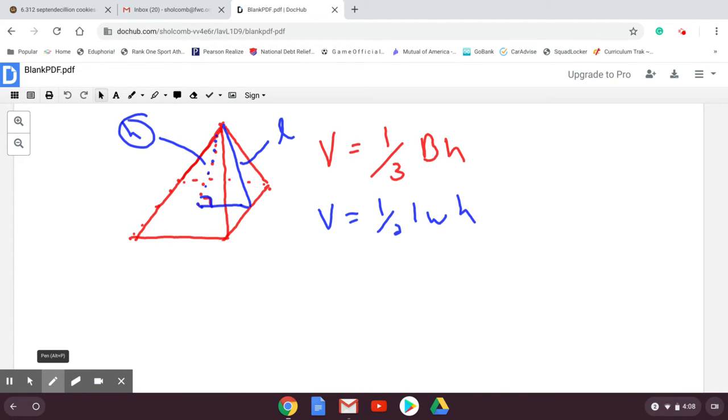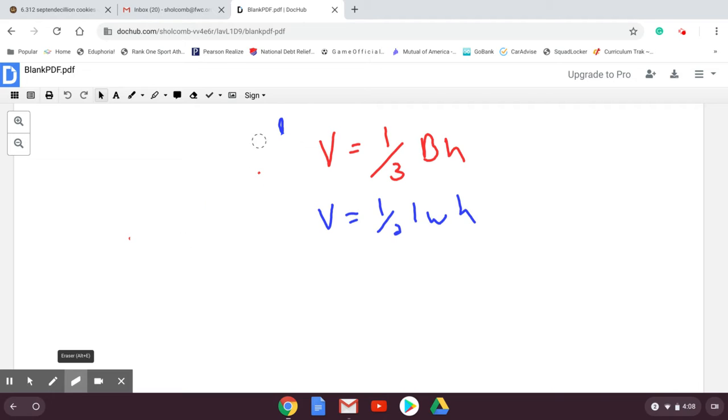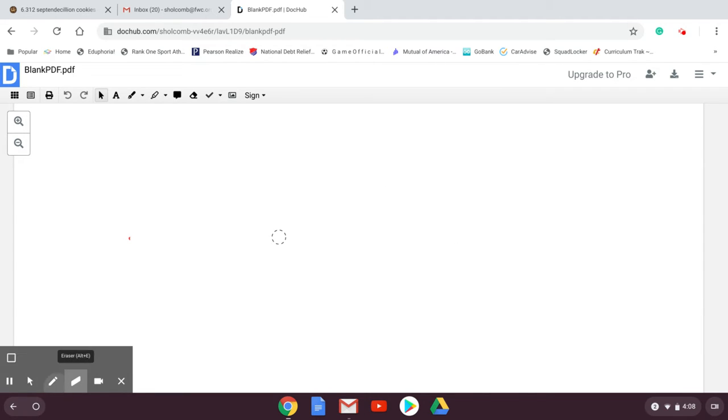All right, now where it becomes a problem for students is when you get a pyramid that is a regular polygon. For example, when you get a pyramid like this that has a pentagonal or hexagonal base.